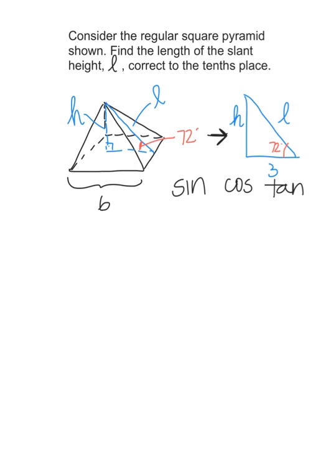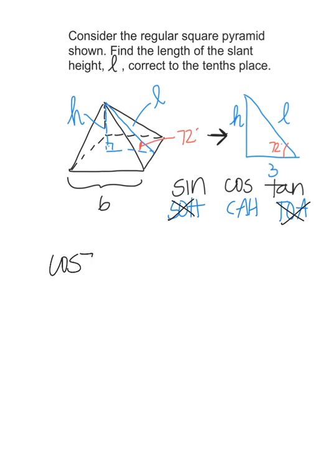So I want to figure out the slant height, so I need to know something about this, given that I know information about this. So am I going to use sine, cosine, or tangent? Well, I have SOHCAHTOA, and I know that I'm right here at 72, so I'm not using the height at all. So I'm not using the opposite. So I can cross off both of those, and I know that I'm using cosine.